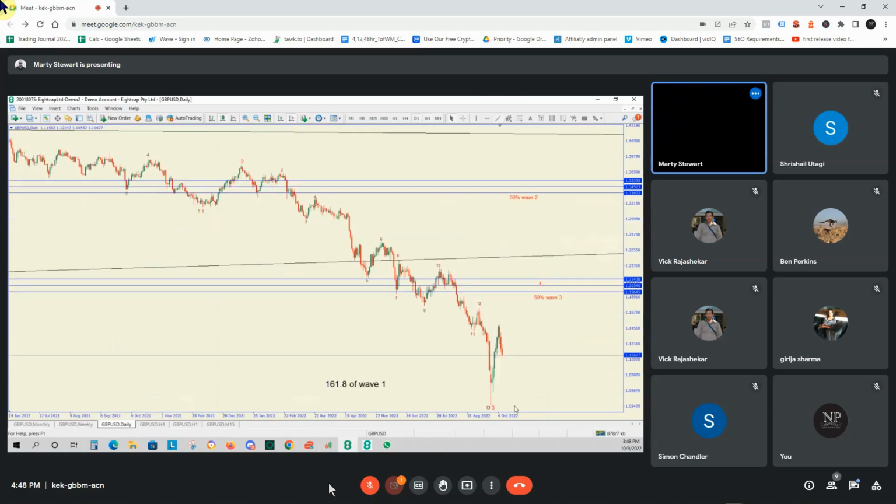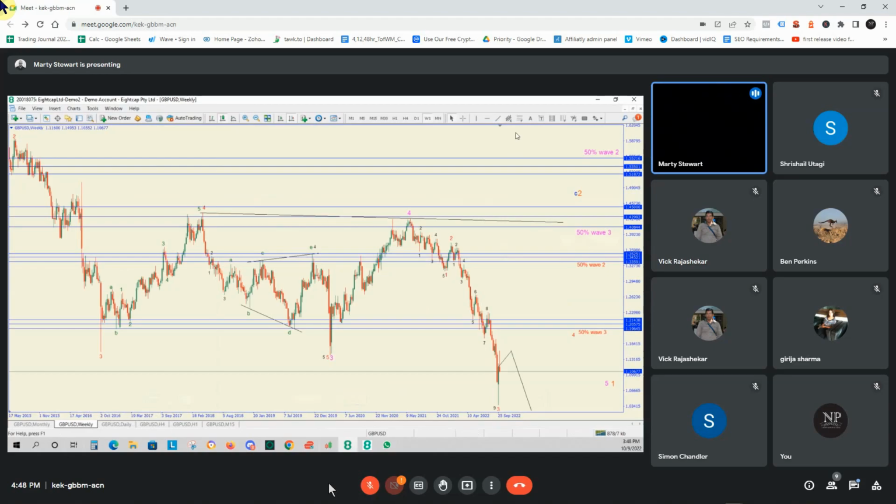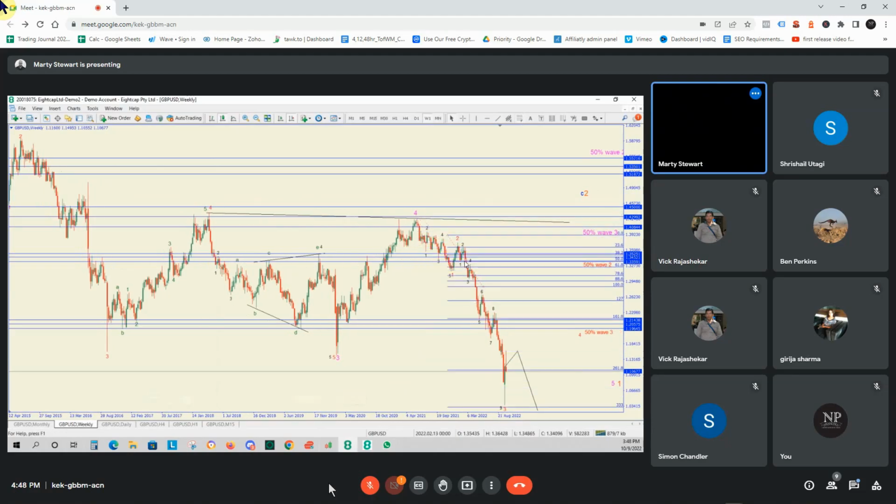So again, on the daily, this count looks pretty weird. I have 13 waves here to give me a final answer of 3. This ratio here is something pretty weird. I'll show you how to do that. It's a way to use Elliott wave and Fibonacci together. All right, I forgot what I did there, but I'll get back to you on that one.